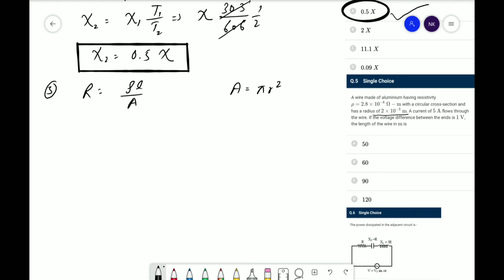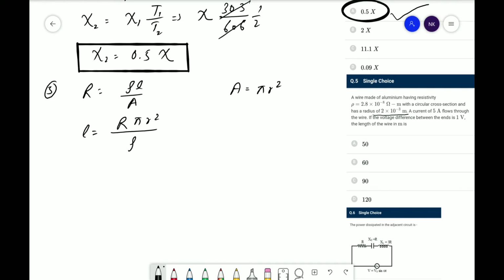Now the length L is equal to R times area pi R square, divided by resistivity rho. The value of rho is also given.